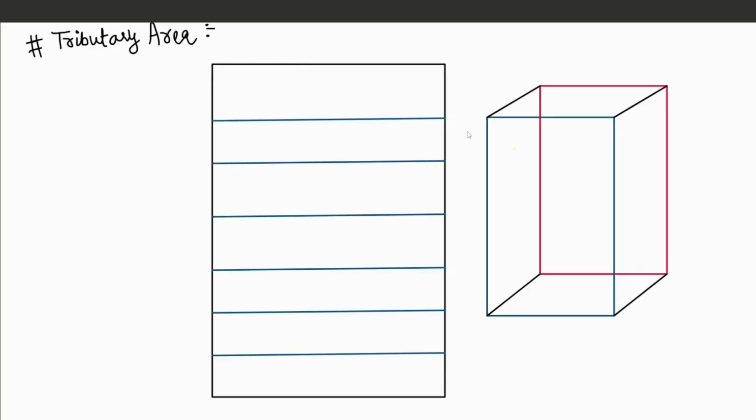I'm considering the wind moving in the x direction, so it is acting in this direction. So this face is your Ly and this will be your Lx. The wind is moving in the x direction.